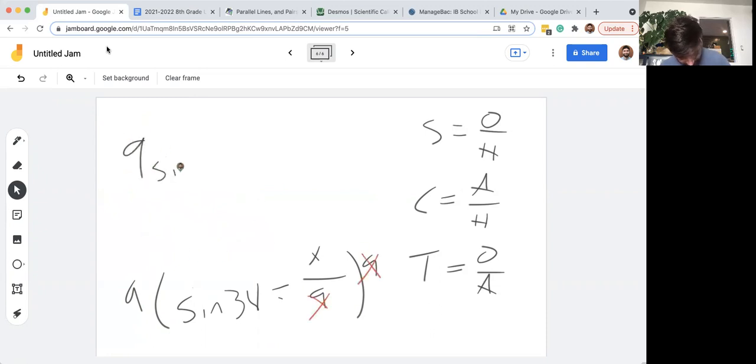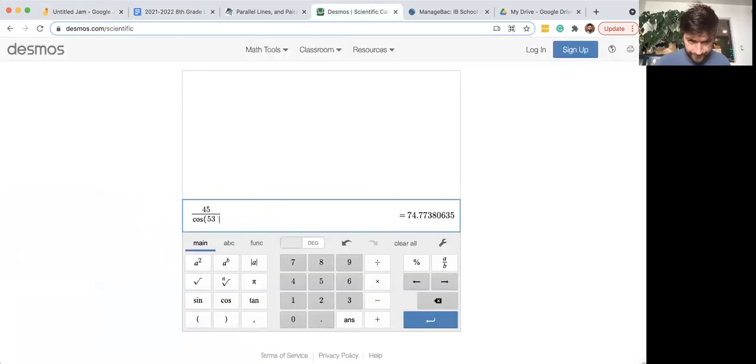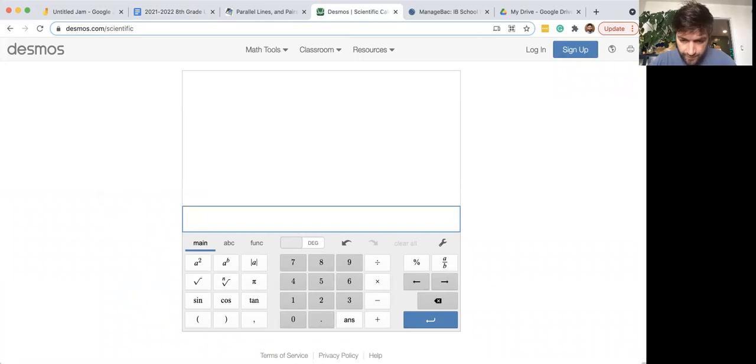Go to my calculator. 9 times, and when I just put the sine right next to the 9 on the right of it, that means it's multiplying. Okay, if you want to put it on the other side, you can, but you need to close the parentheses. Sine 34 times 9 equals 5.03, which rounds to the nearest tenth of 5.